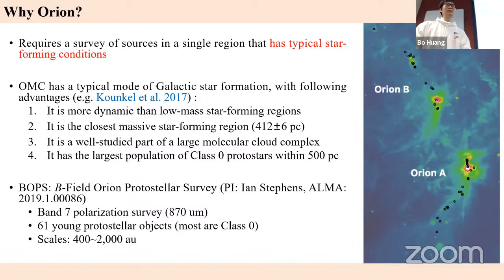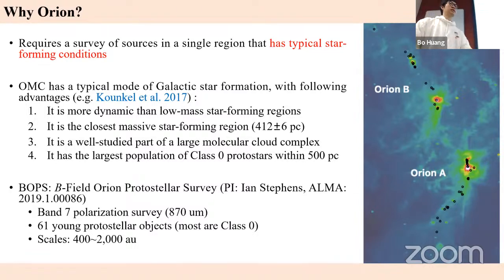Orion may be the best region to study the magnetic field at core scale because it has very different star-forming conditions, and it is the closest massive star-forming region. It is just about 400 parsec away from Earth, and it is a well-studied part of a large molecular cloud complex. It also has the largest population of Class 0 protostars within 500 parsec.